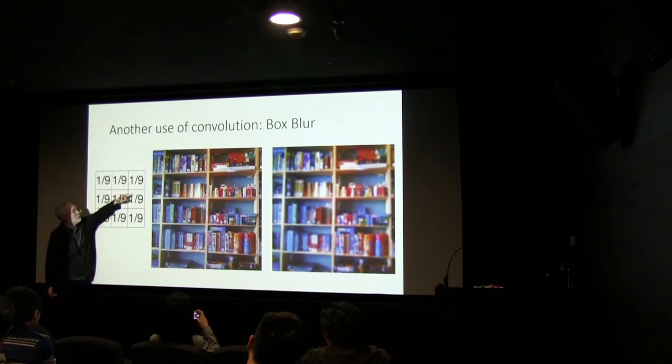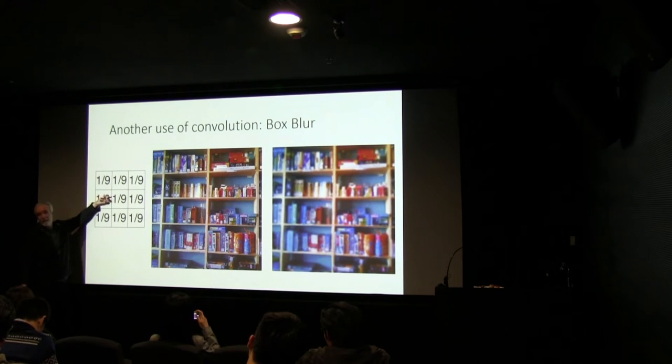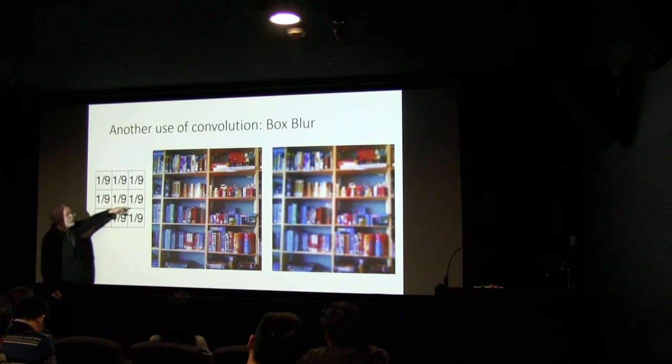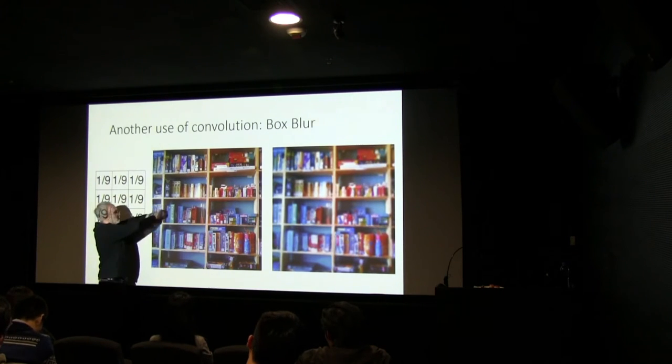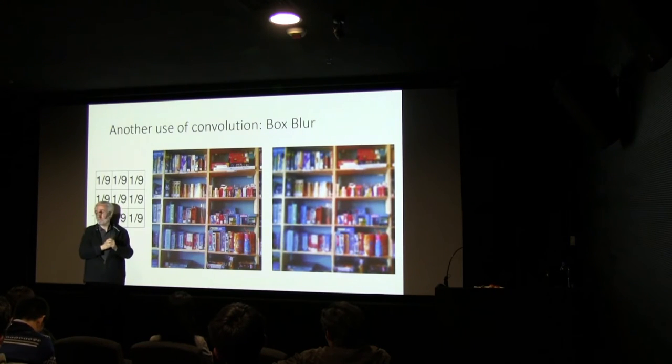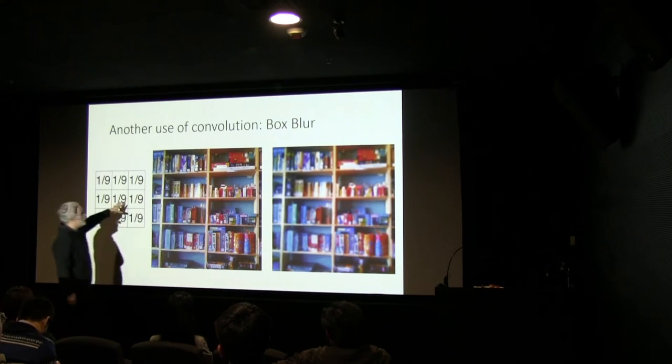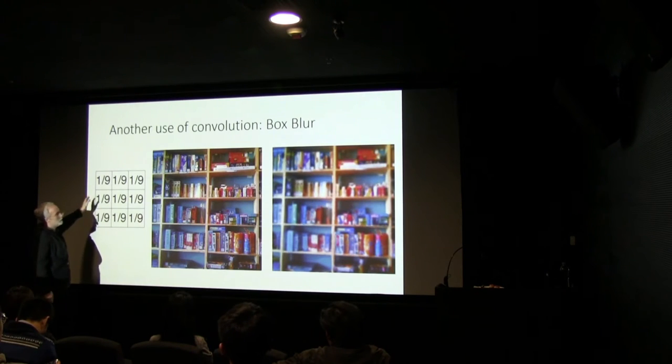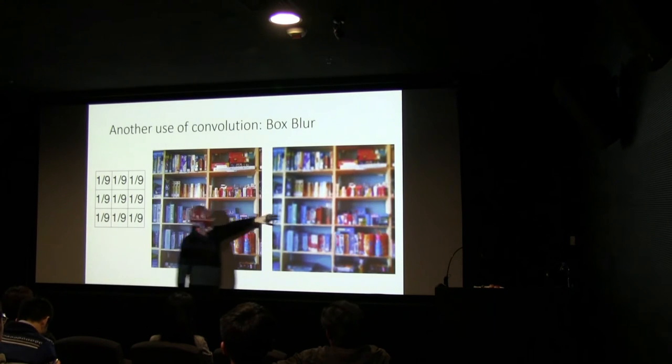How many elements in the kernel? 9. Each entry is 1 over 9. So what this kernel will do is it will look at every pixel and will look at all the 9 pixels in that window and average them. So blurring is basically averaging nearby pixels. Anyway, in this application. So here's the result of applying this to this image.